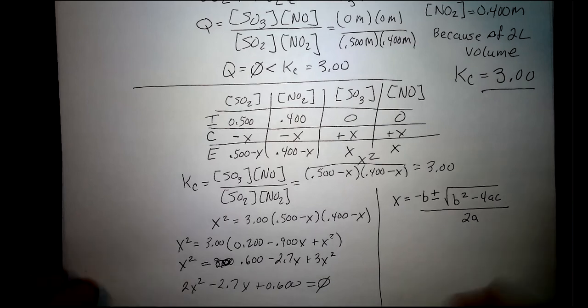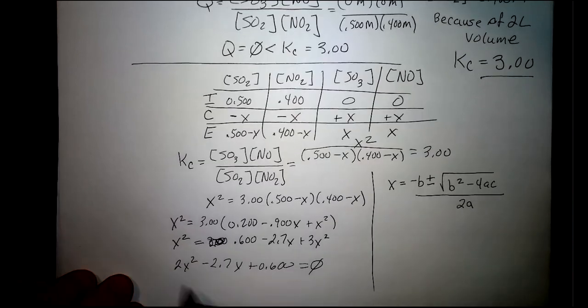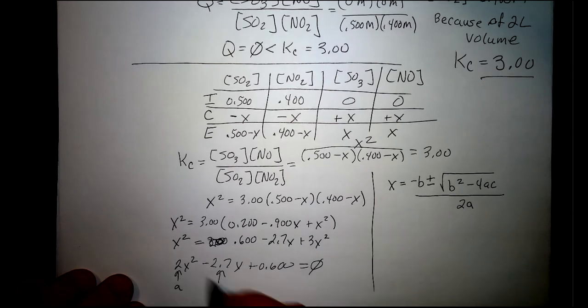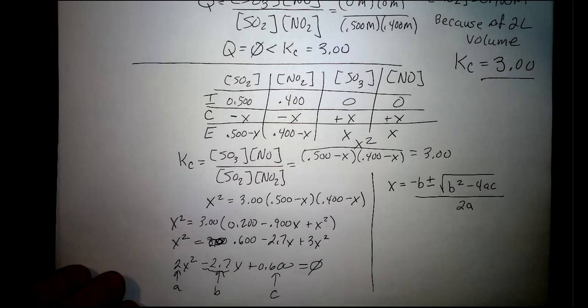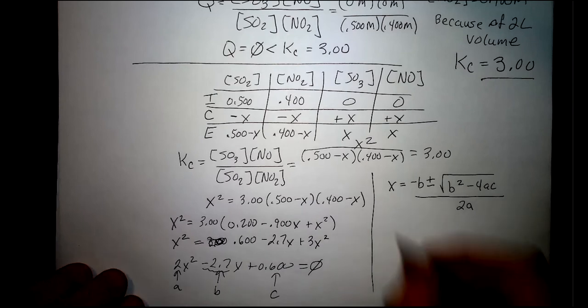So where does that come from? This is your a, that's your b, including the negative sign, and that's your c. And you're just going to plug and chug at that point.